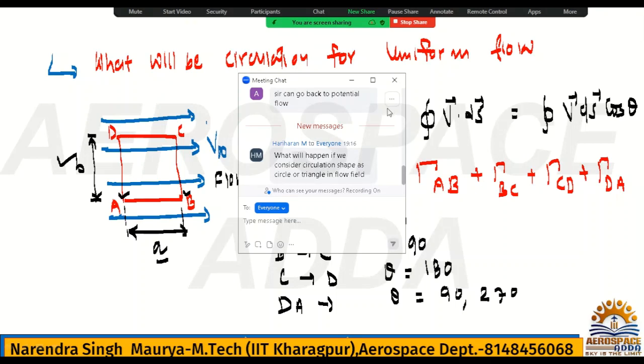Doesn't matter if you are considering a circle or a triangle also. Whatever circulation you calculate for the uniform flow, if it is not a rotational flow, or not a circulatory flow, then you may get that circulation will be 0, because already you have considered this is the kind of ideal flow, and ideal flow means it is irrotational flow.